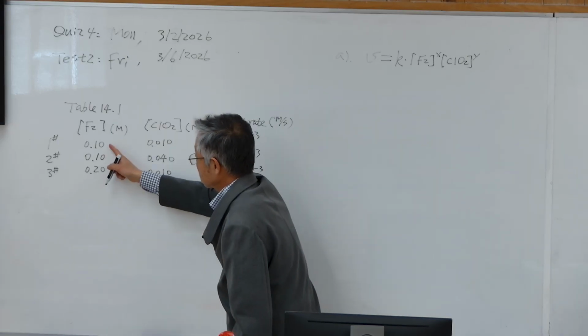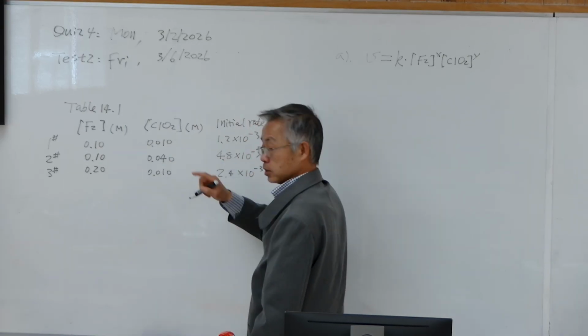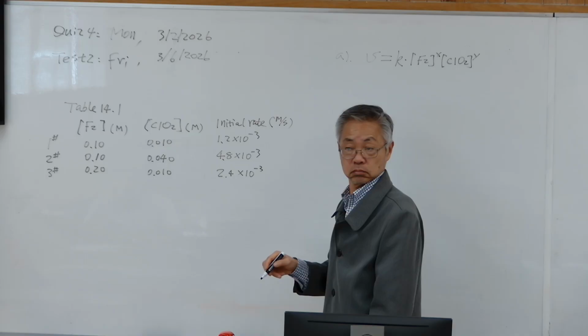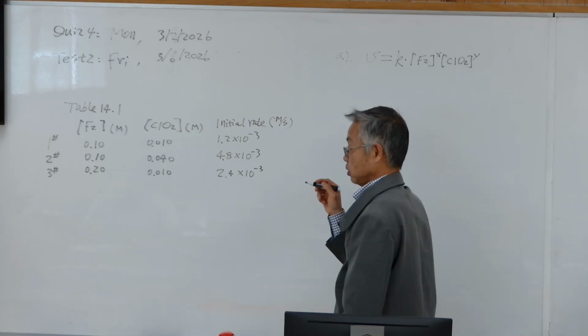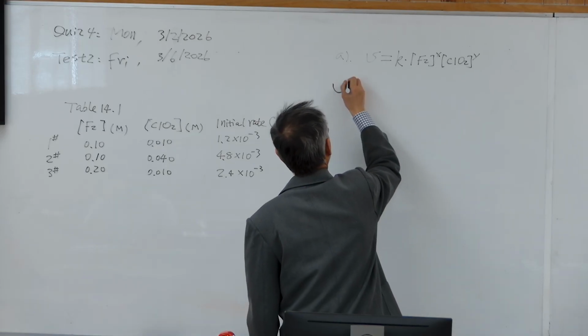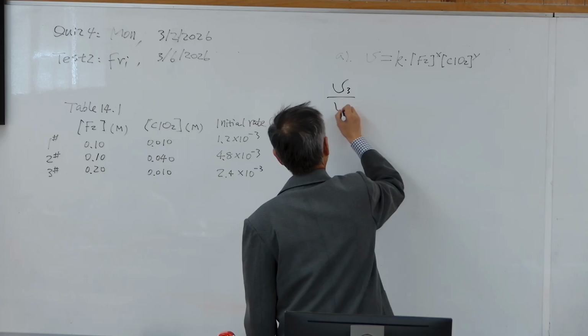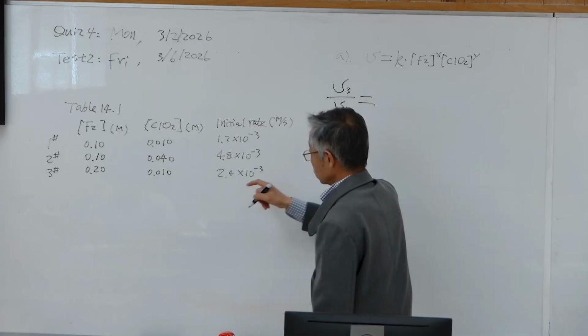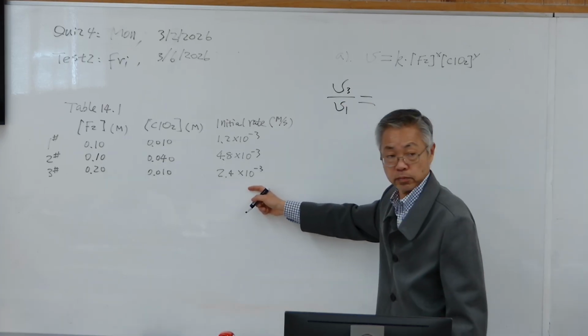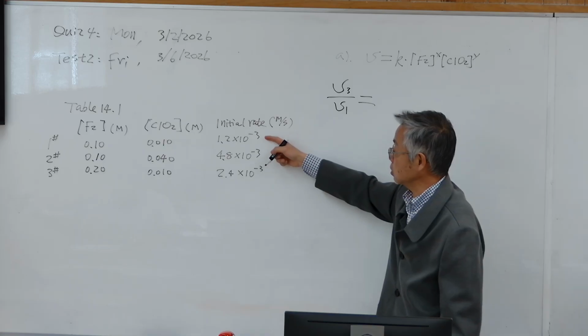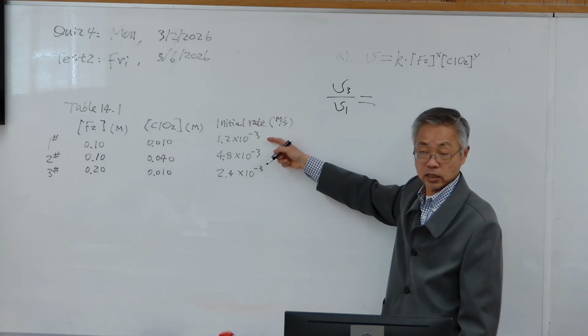F2 concentration doubled, while ClO2 concentration is the same. So Y is cancelled, only X is left over. So we use V3 over V1. V3 means the rate in experiment 3, V1 means the initial rate in experiment 1.